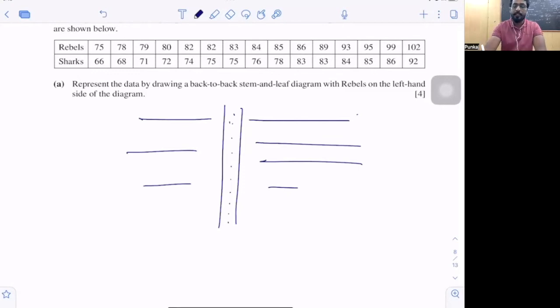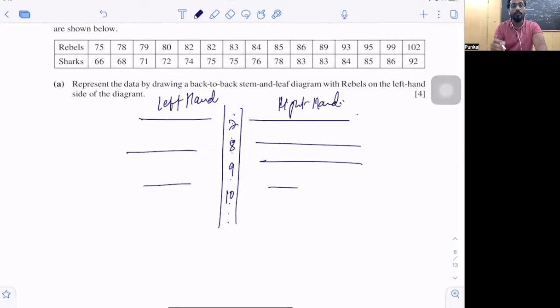So it's like 7, 8, 9, and 10. So the very first digit I'm taking in the stem, and then I have to represent Rebels on the left-hand side. So this is the left-hand side, right, students? That's the right-hand side, isn't it? So on the left, Rebels are going to come.